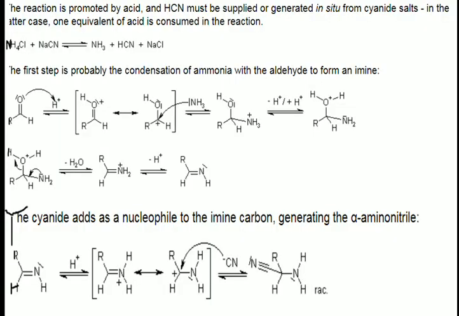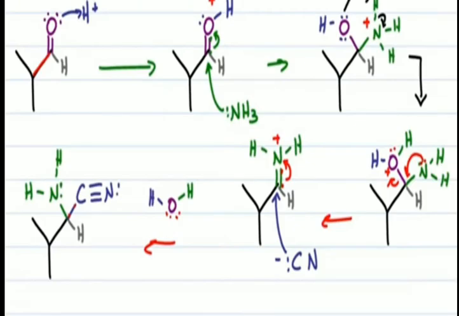So, the summary for Strecker synthesis: this is a nucleophilic addition followed by a nucleophilic acyl substitution reaction. The reagents used in this reaction are ammonium chloride and sodium cyanide, then aqueous acid or heat with basic workup.